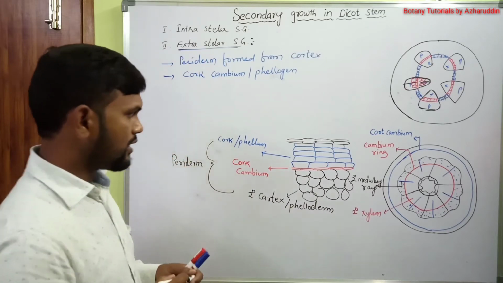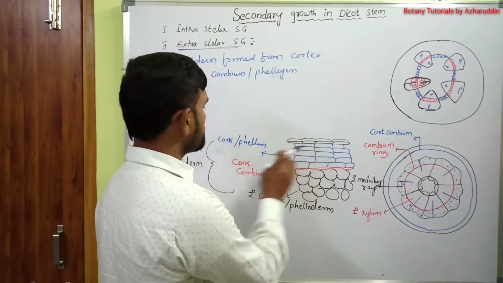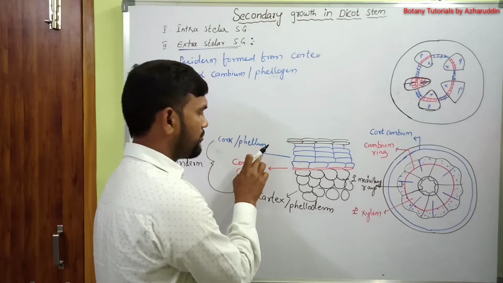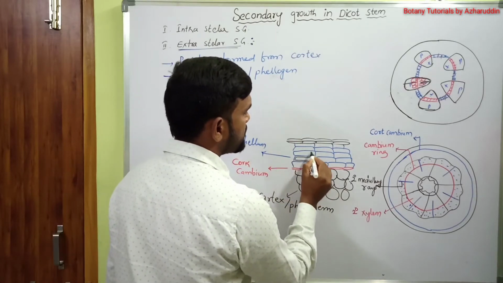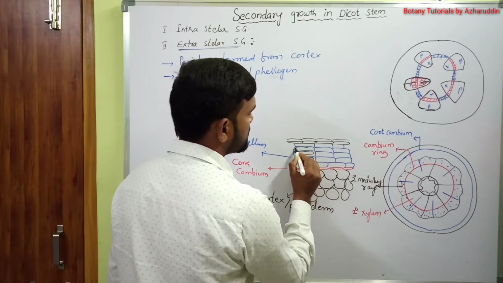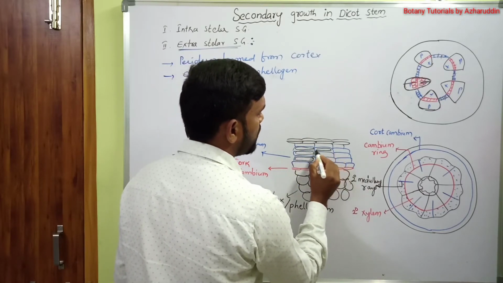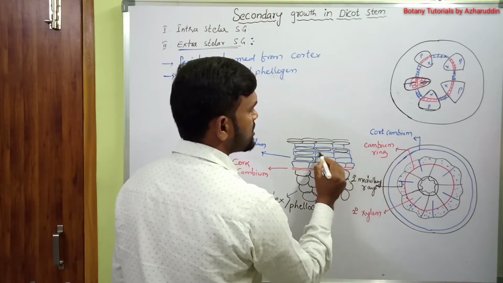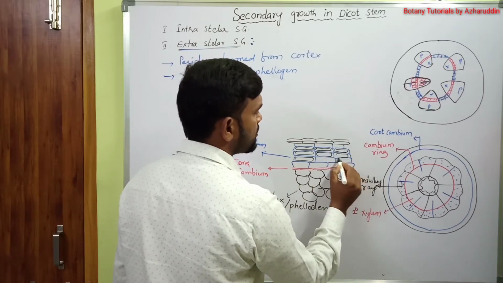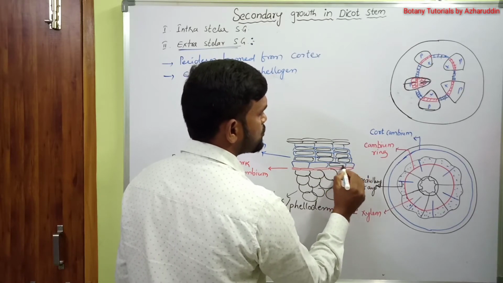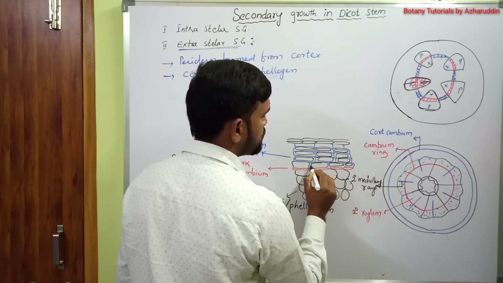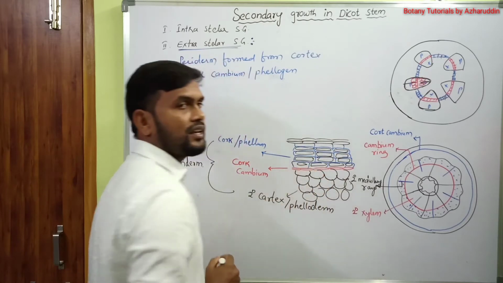Here the cells present in the cork or phellum are cuboid in shape, that means rectangular, and they are thick-walled cells. They are closely arranged without intercellular spaces. Their walls are thick and suberized, that means suberin is present in their walls.